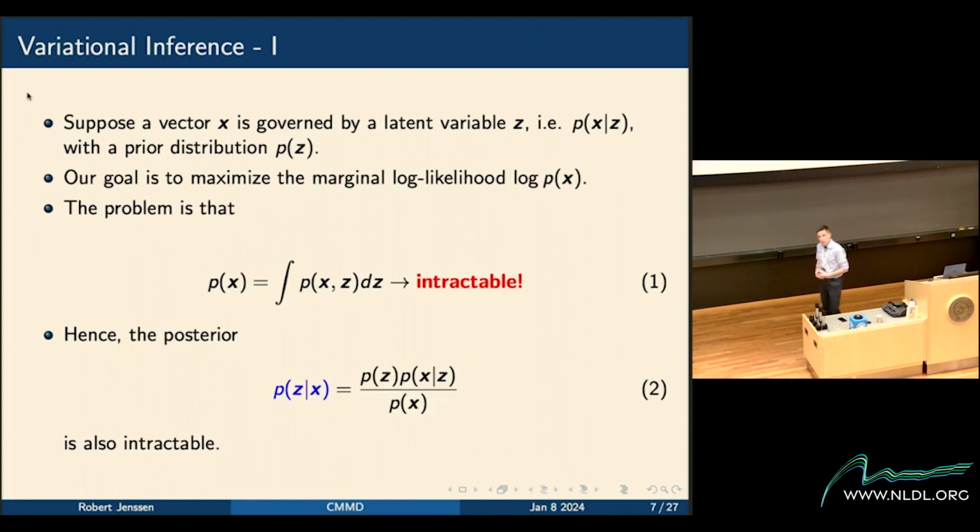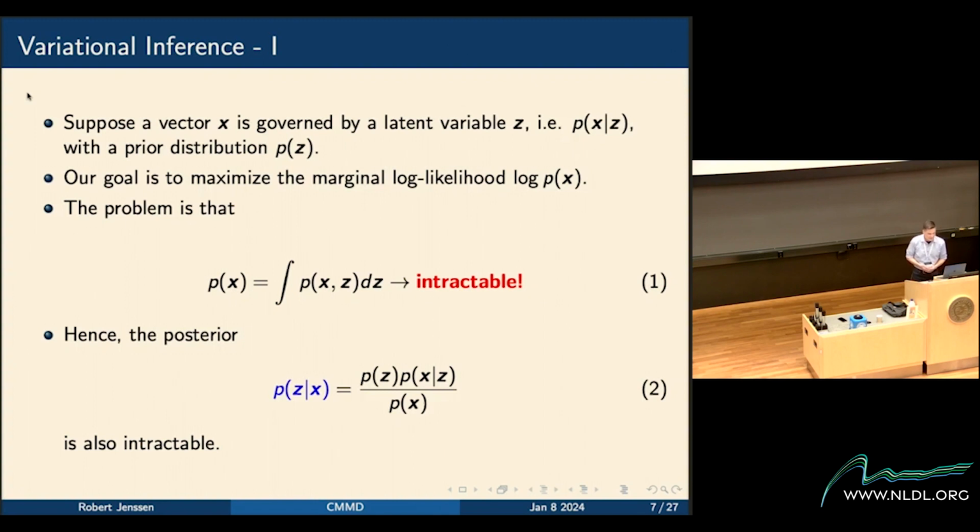So this is always what becomes the key challenge when you're talking about latent variable models. So you could envision having to integrate over this whole space, and it's just not realistic the way it's phrased here.